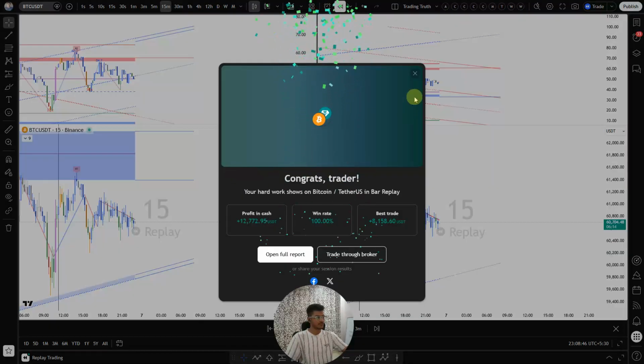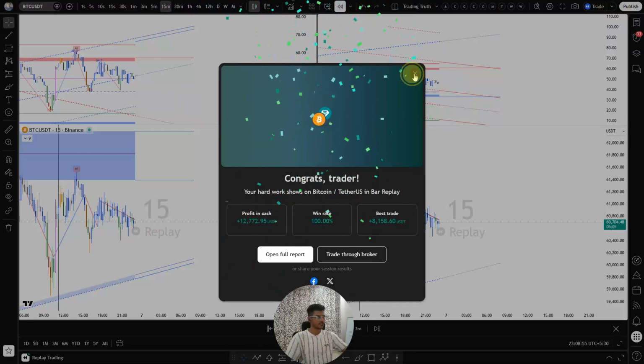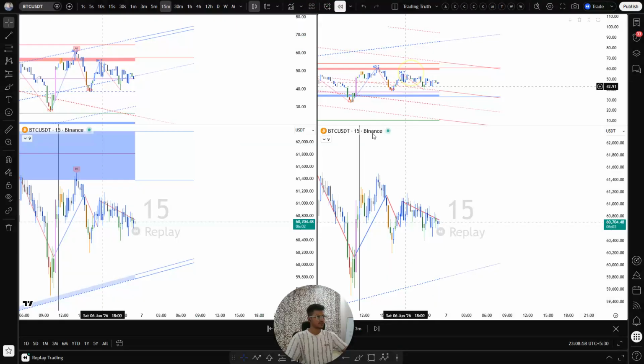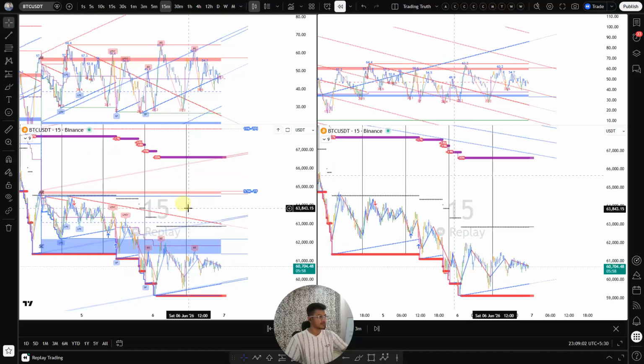So the market will go up. See, just from one trade, we made this much profit. Imagine if we had taken all those trades that I showed you, that the system was giving, right?